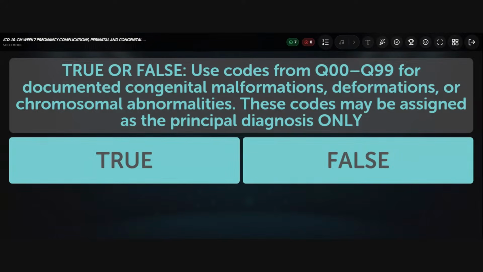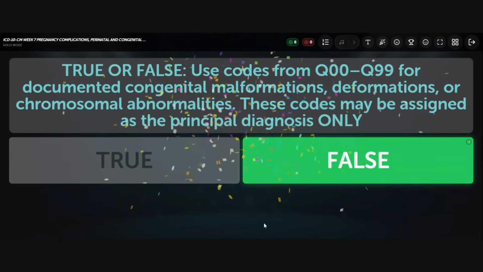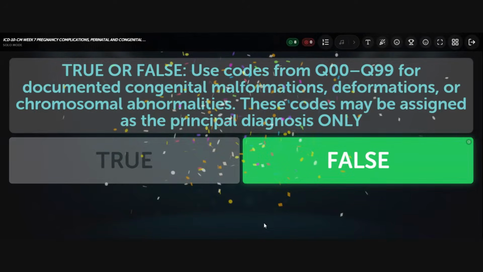Alrighty, alrighty. There is a pretty even split on this. This is going to be false. So the reason that it is false is that it says in the book that you use codes from Q00 through Q99 for documented congenital malformations, deformations, chromosomal abnormalities.